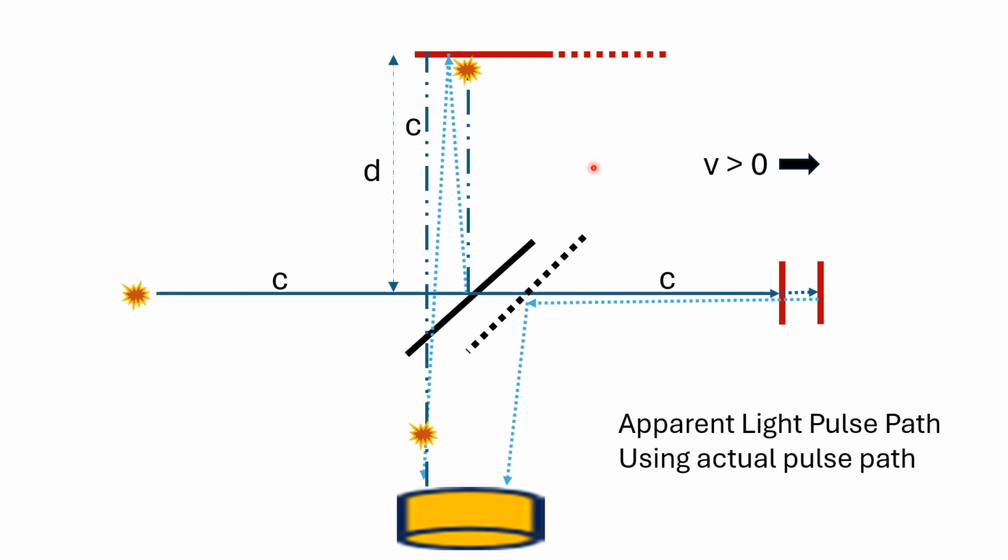There's a different way of looking at this if this were a pulse, as opposed to the way the original experiments were conducted, using continuous sources of radiation. And this is where we get into an issue of what the apparatus is actually seeing and actually measuring.